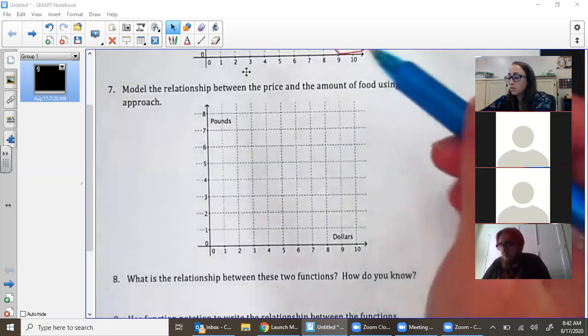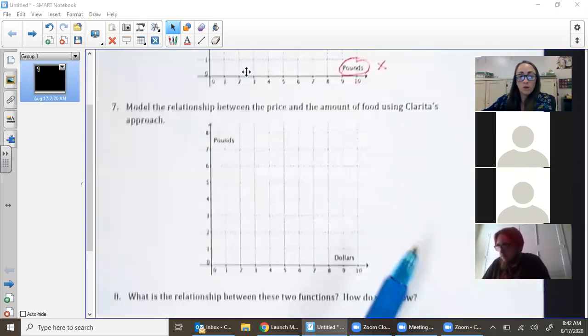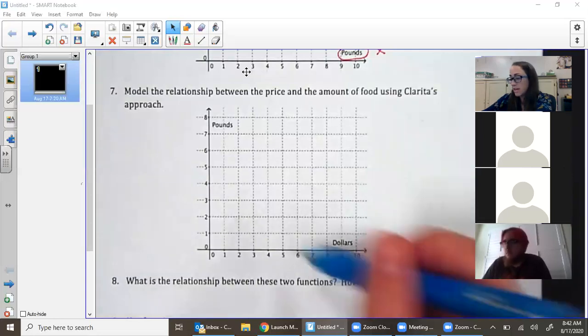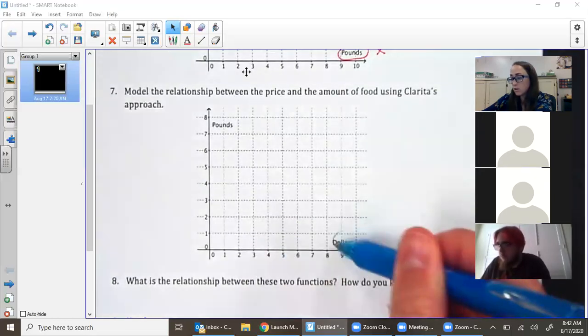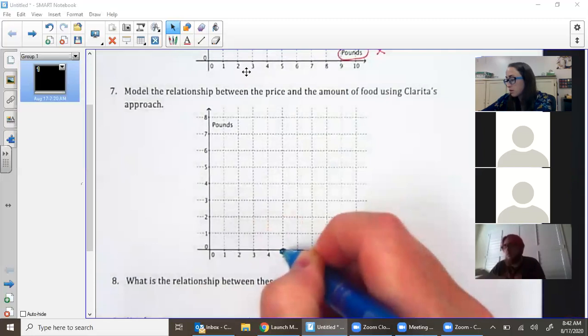So the $5 shipping fee, which way would I move for $5 for Clarita's graph? $5 on the x-axis. Good, because now dollars are down here, so I'm going to go over to 5.